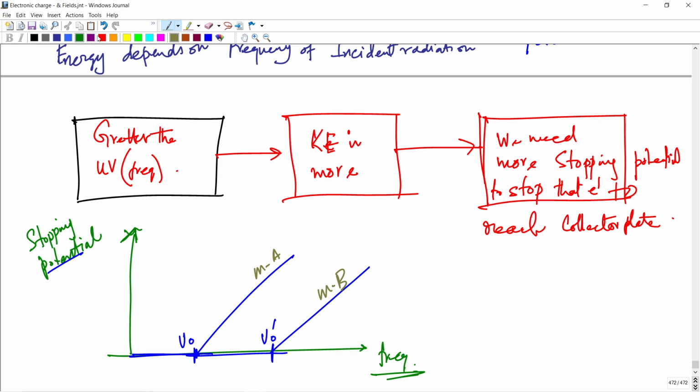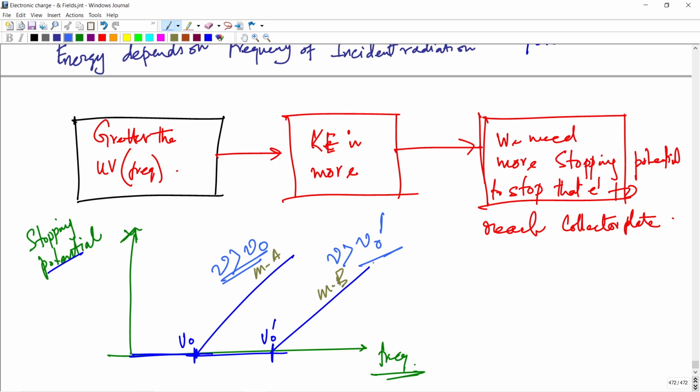Okay, so there are some frequencies here, and obviously in both cases the frequencies must be greater than the threshold frequency. Here we get this frequency for metal plate A and the frequency for metal plate B. This frequency is greater than frequency naught here, and here the frequency is greater than frequency dash.